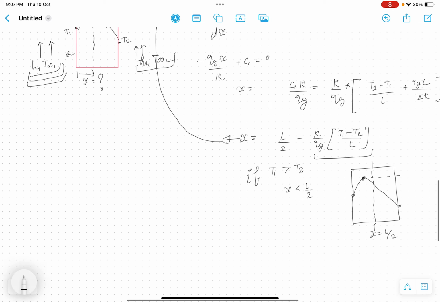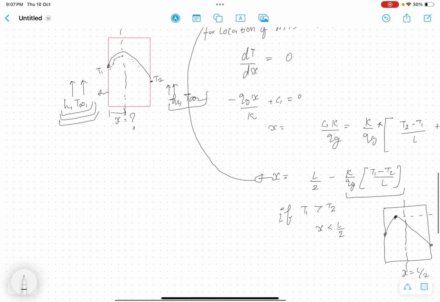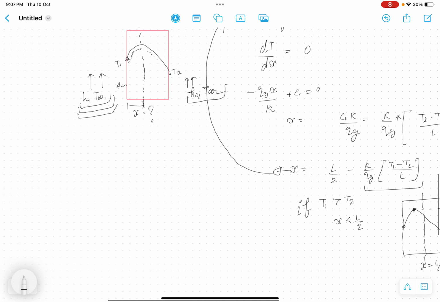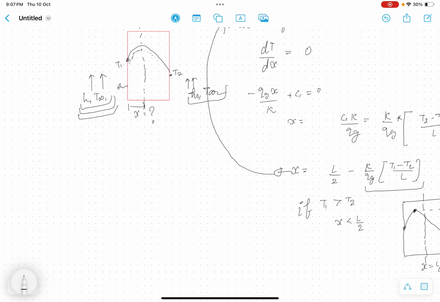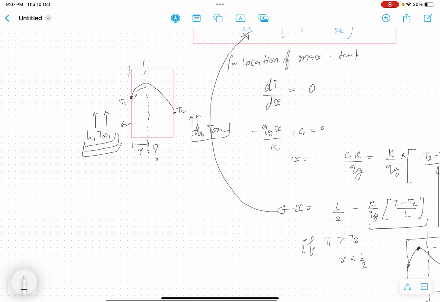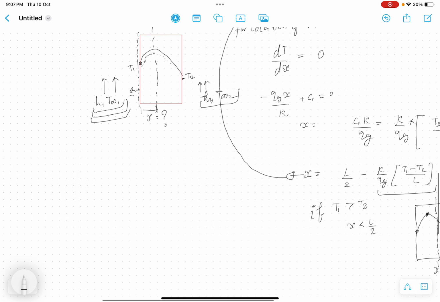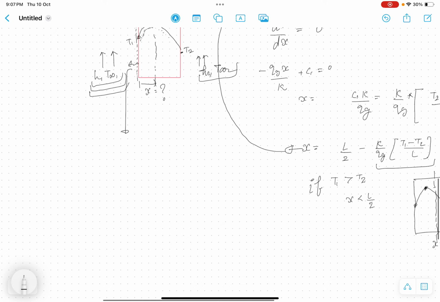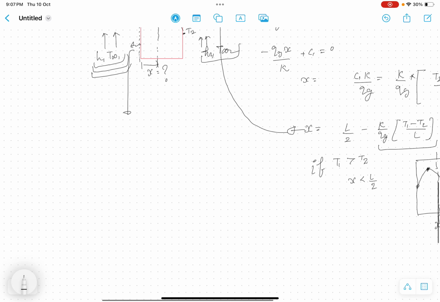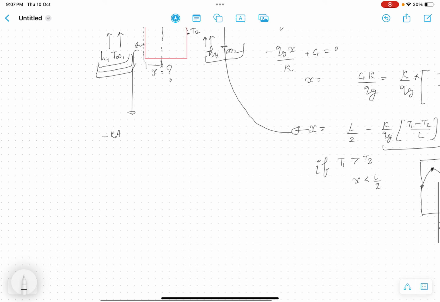Alright, so if we want to find T1 and T2 on both sides, we can apply the energy balance for this thin wall on the left and right hand sides. So Q on the left hand side is minus kA dT by dx at x equal to 0.